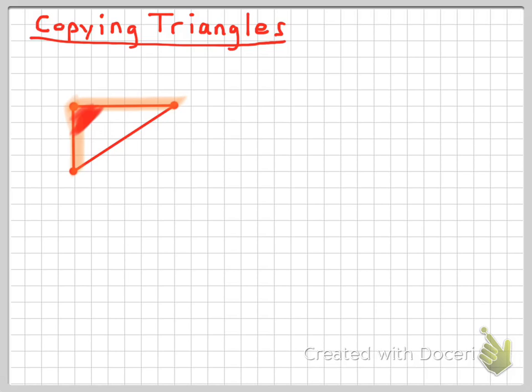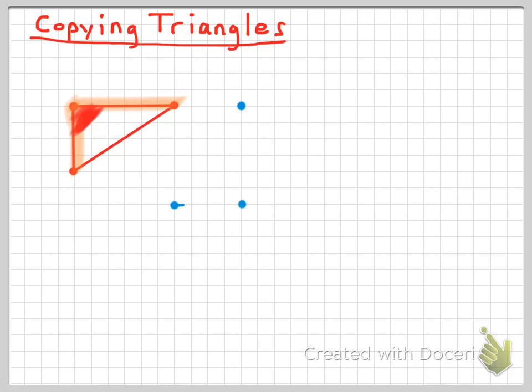Now I made this pretty easy to do because I made these a vertical and a horizontal line respectively. So let's make a segment that is 4 units long and a segment that is 6 units long. And I'm going to make them perpendicular to one another, so I copy that angle. And you'll see that the triangle that I create by doing so will have exactly the same side lengths and angle measures as the original triangle. Alright, here we go.